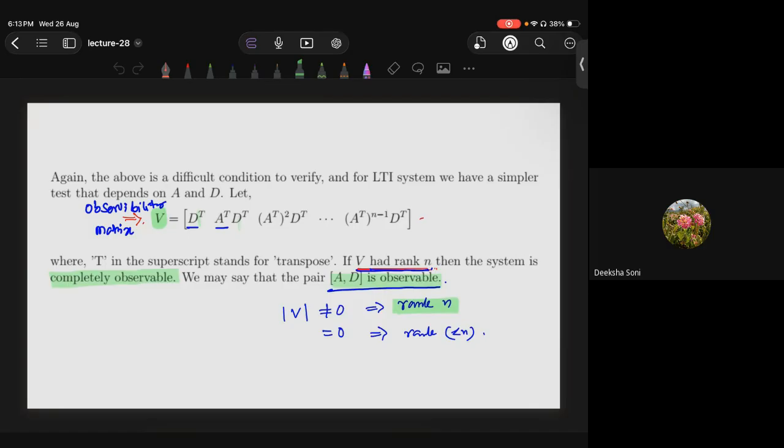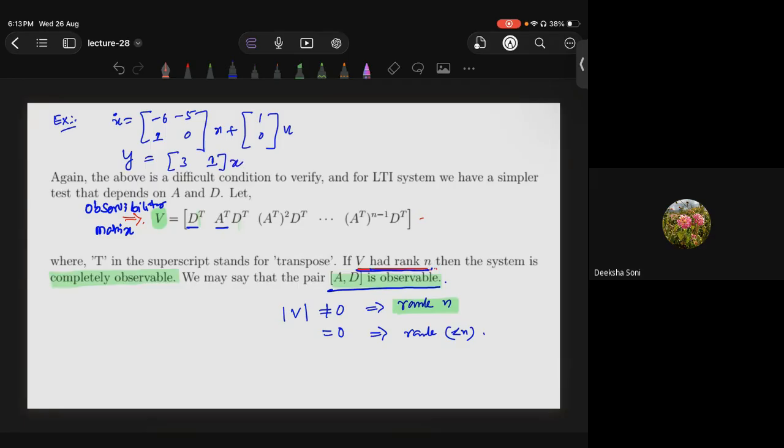So let me tell you an example. Let's say we have x dot equal to [-6 -5; 1 0] x plus [1; 0] u, and y equal to [3 1] x.